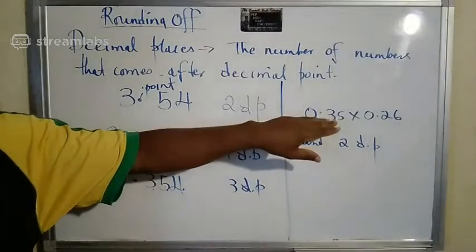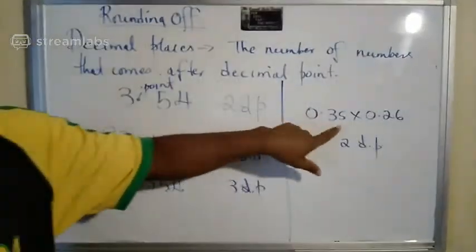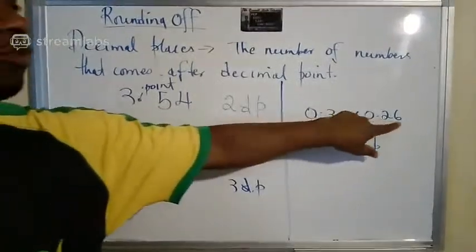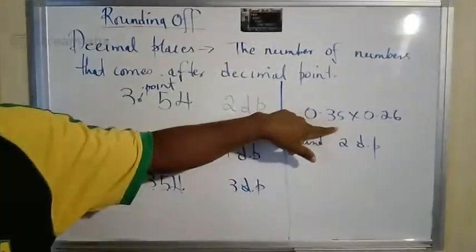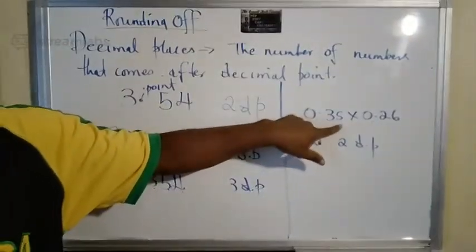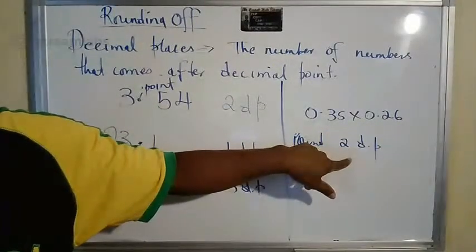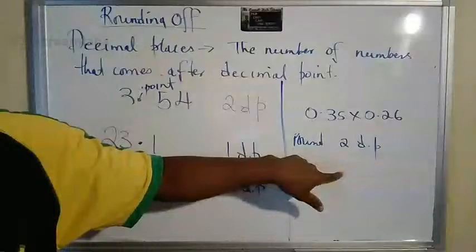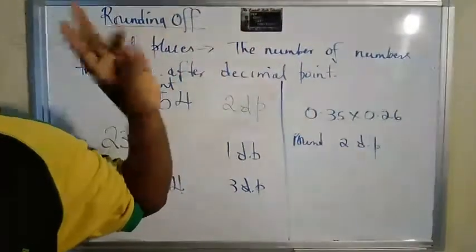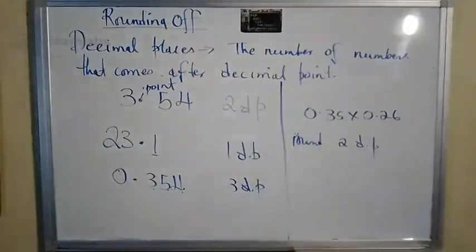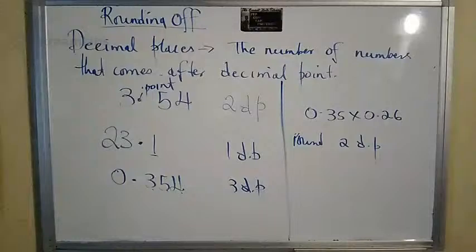When you multiply this, you will get 4 decimal places, because look, 1, 2, 3, 4. However, you will be required to round it off to only 2 decimal places. So we're going to look at that. Alright? Let's see. Can I use that as an example?